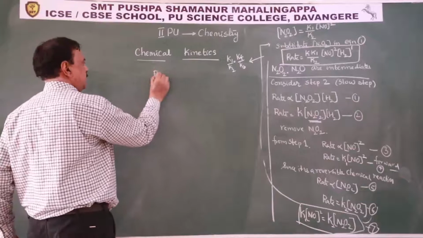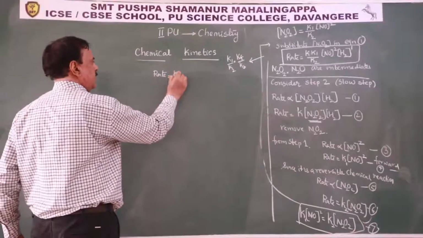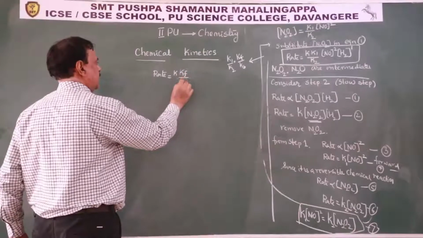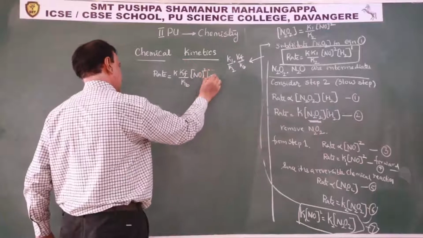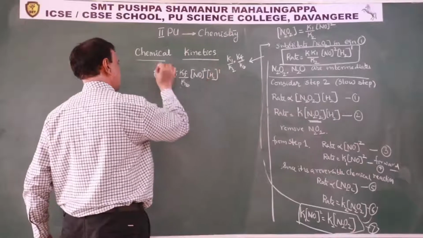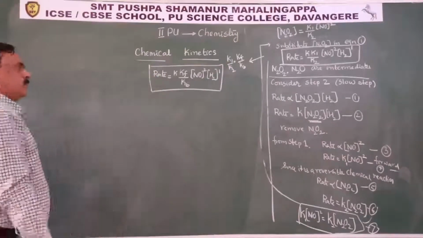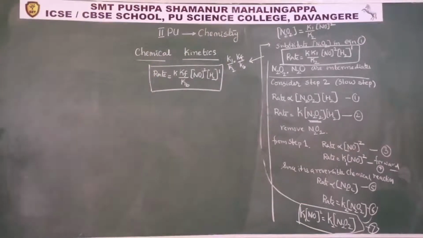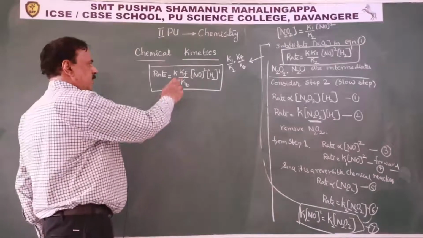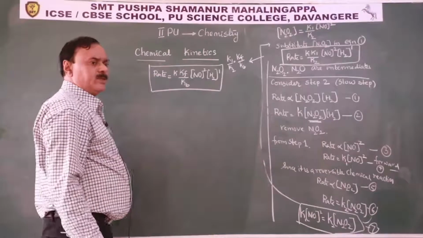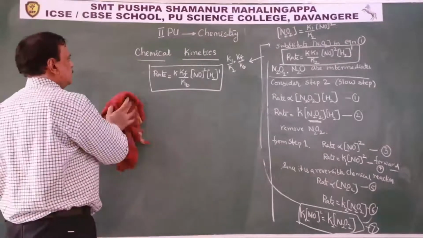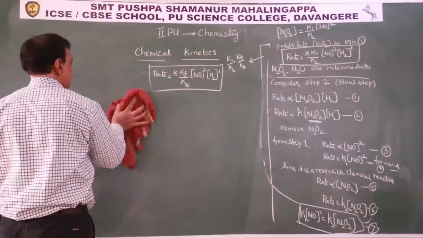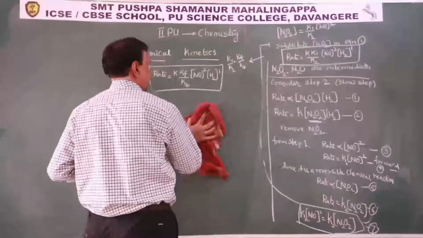Therefore, rate is equal to k into Kf divided by Kb into NO squared into H2. That is how we can evaluate the rate in terms of the velocity constants of the forward and backward reactions. Okay. Now come to the very important concept, the order of a chemical reaction.